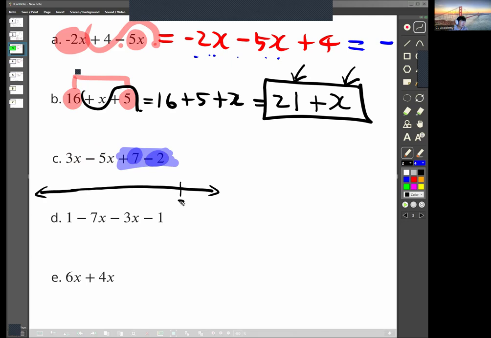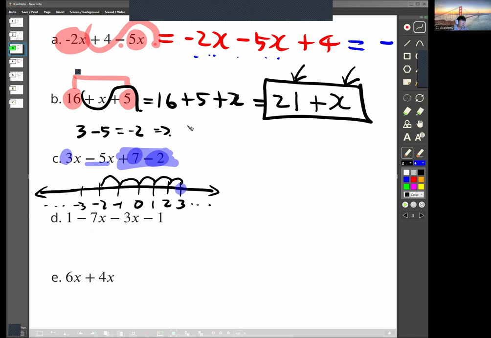I'm going to start from 3, 2, 1, 0, -1, -2, -3, and so on. We start from 3, and I'm going to subtract 5. 1, 2, 3, 4, 5. So 3 minus 5, that's -2.